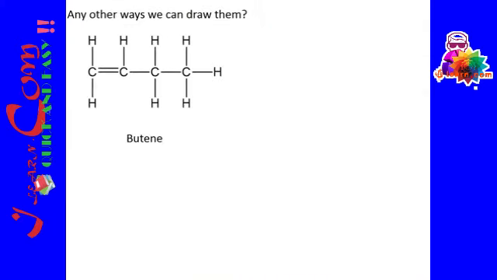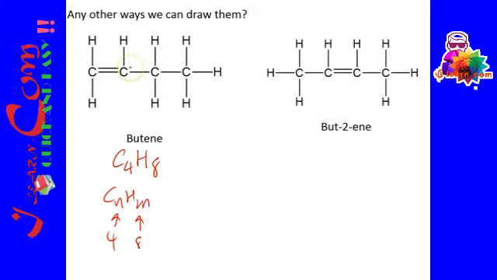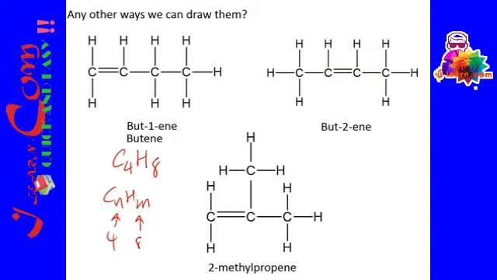And like alkanes, there are many ways that we can draw them. For example, let's start off with butene, C4H8, CnH2n, so n is 4, 2n will be 8. So for this butene, I can put the double bond between the first and second carbon, or I can also shift it and put it between the second and third carbon, or I can also shift the entire CH3 upwards to the middle, and I get a different version of the molecule.